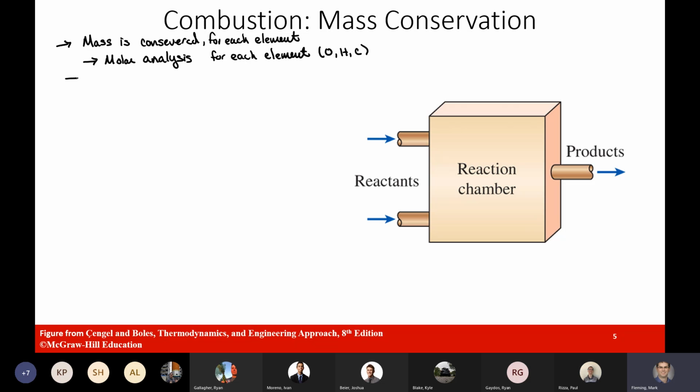Now, in terms of the conservation equations, what I want to make sure to note is mass will always be conserved. Moles are not conserved.